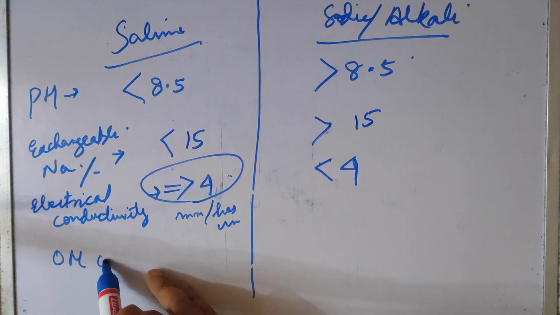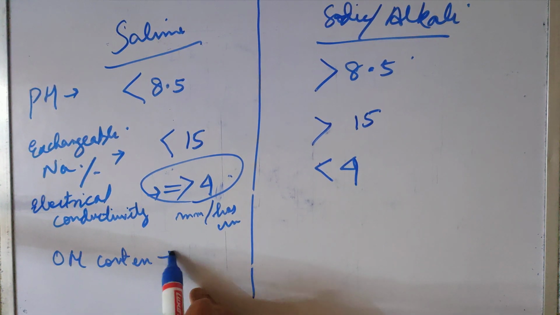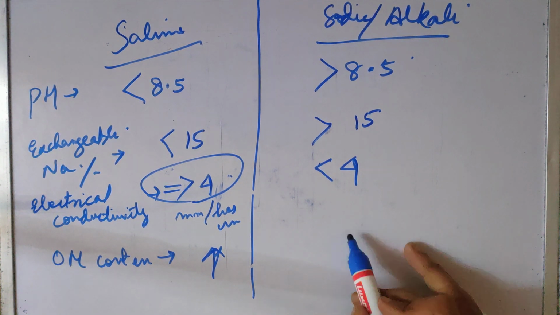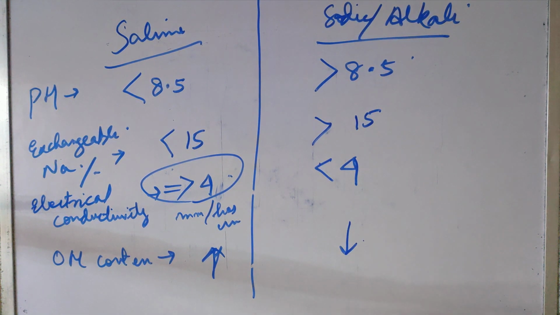Organic matter content. In saline soil it is high, and in alkaline sodic soil it is low.